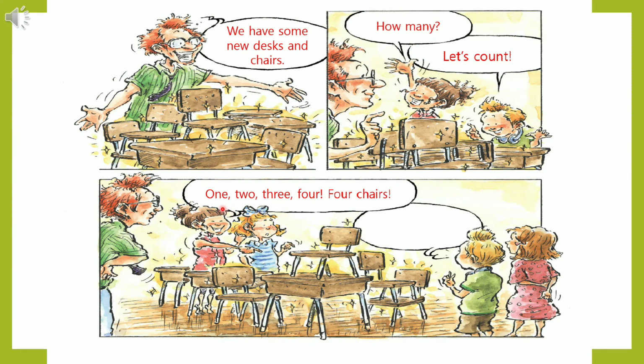One more time. 1, 2, 3, 4. 4 chairs. So there are 4 chairs. And how many desks? 1, 2, 3. There are 3 desks. So all in total, they counted 4 chairs and 3 desks.